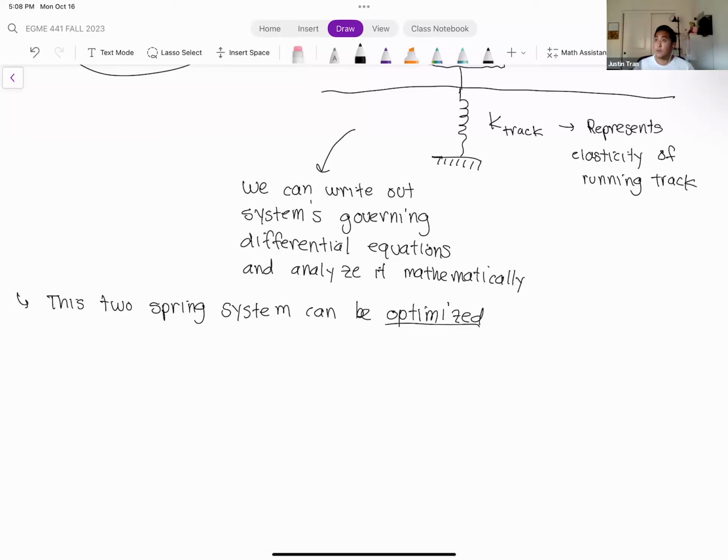The thing that we want to optimize here, because remember, the reason we started this whole journey was to maximize the performance of a runner, is to minimize the amount of time that the foot spends in contact with the ground.